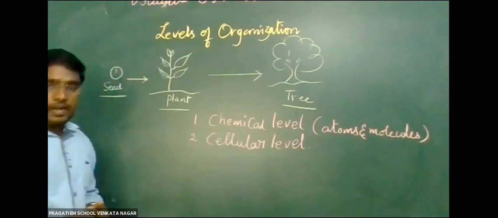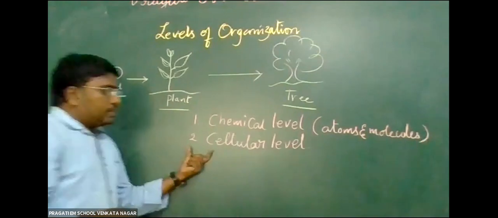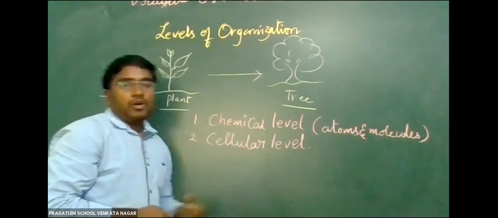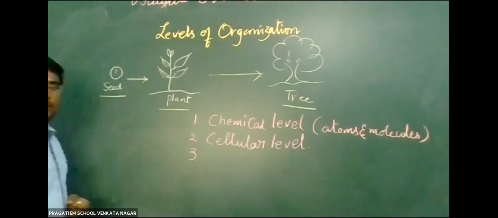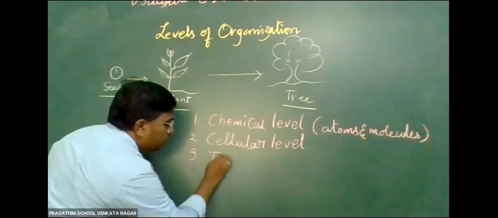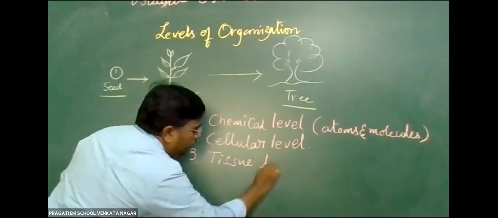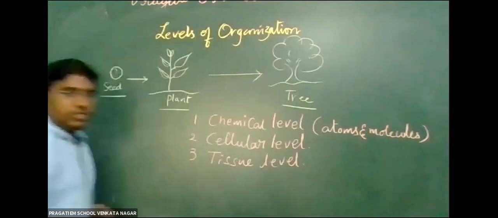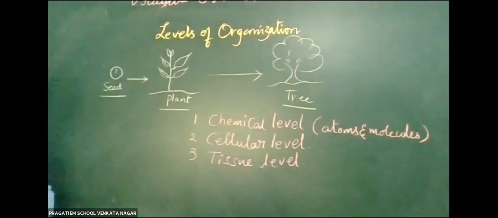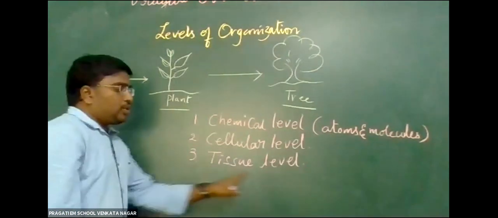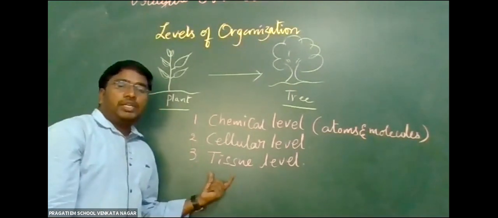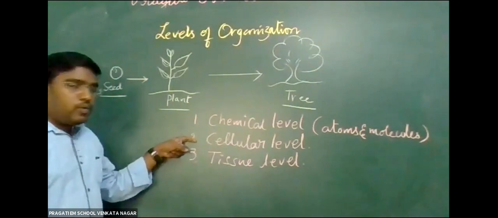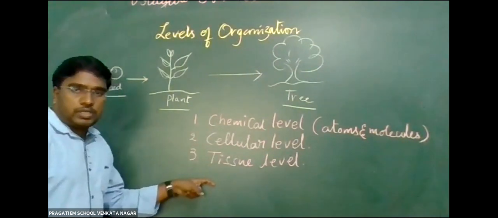And the third one is the tissue level of organization, which gives the information about tissues. The cells are composed to form tissues, isn't it?